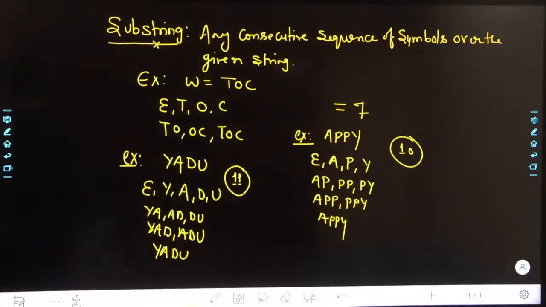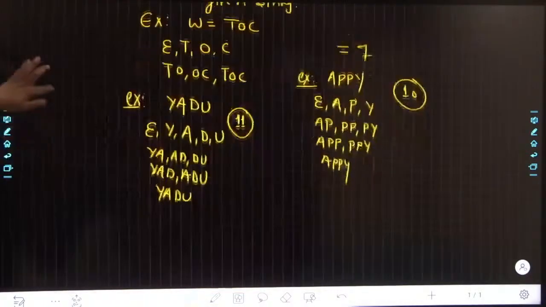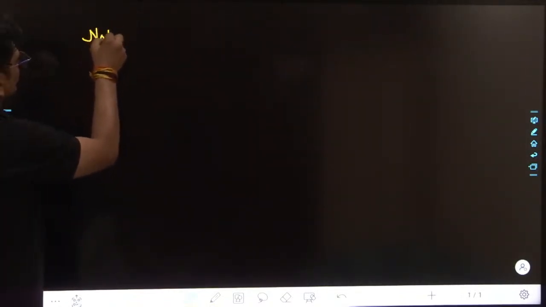So can we generalize this? Yes, we can generalize this. Note, this question was asked in GATE 2-3 times.